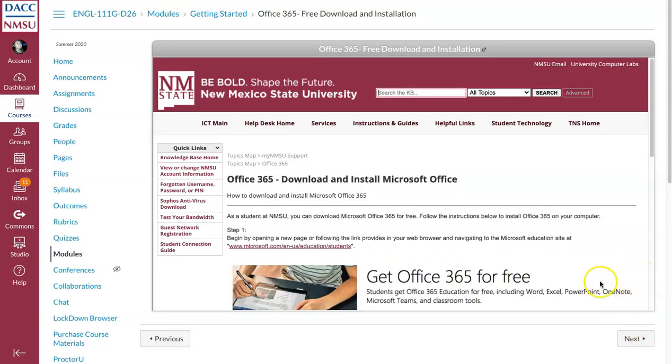After that first page, I do have a link to how to download Office 365 for free. Because you are an NMSU student, you automatically get Office 365, and I strongly suggest that you download it if you don't have Microsoft Word. With Office 365, you get PowerPoint, Microsoft Word, Excel, and I think Publisher.